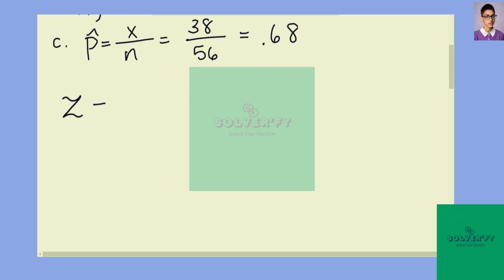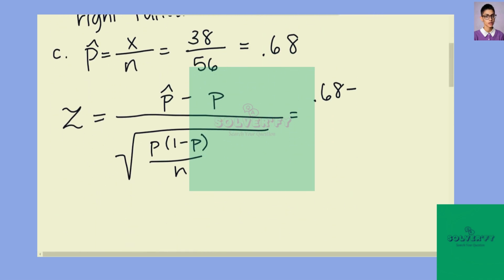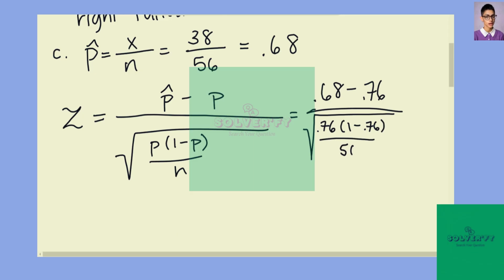We then have to find our z value. That's equal to p hat minus p over the standard deviation, which is the square root of p times 1 minus p over n. We have 0.68 minus 0.76 over our standard deviation, 0.76 times 1 minus 0.76 over 56.